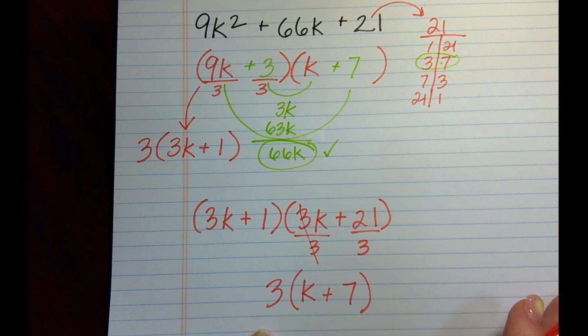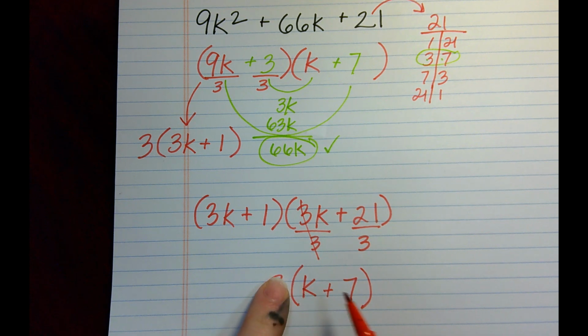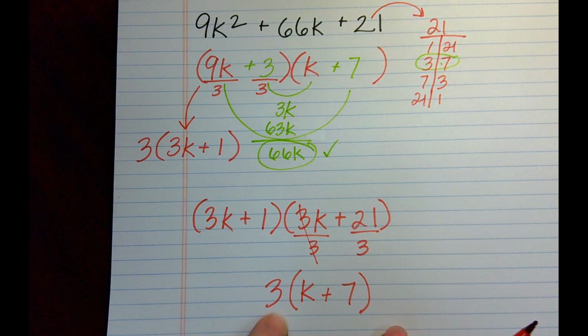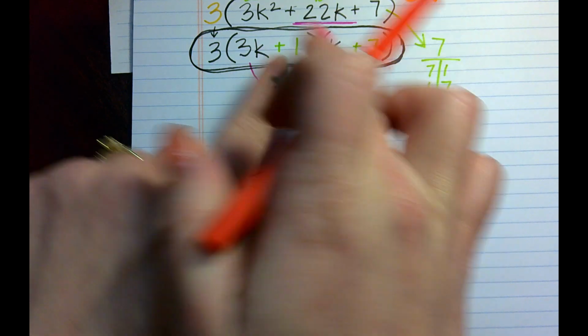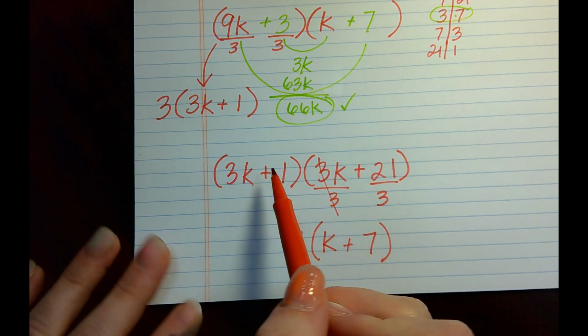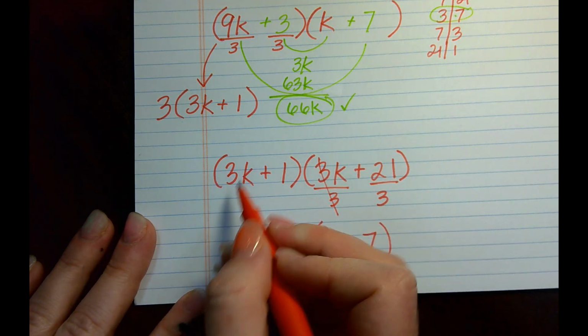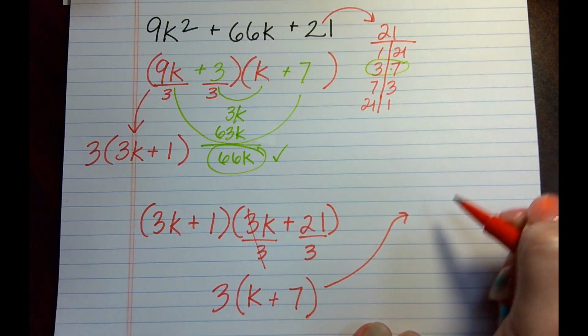So with mine, you would put the 3 in between the parentheses right there? So with yours, I always say to put the whole number on the outside, and then these can technically be in either order. So what I would do on yours, Cheyenne, is keep your 3K plus 1. Let me just rewrite your whole answer.